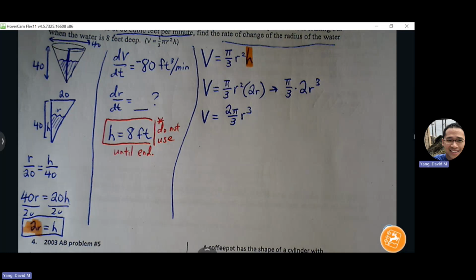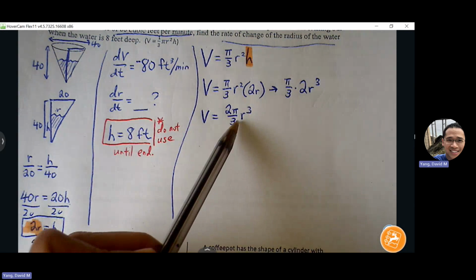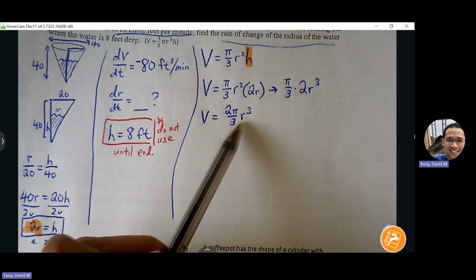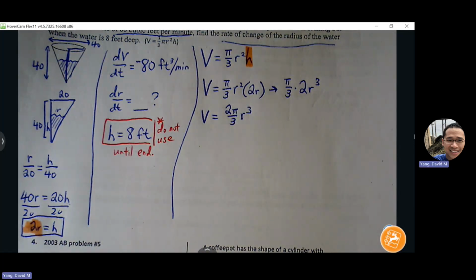Some students would put a 3 below the r. It's okay. It's just I don't want us to feel like we have to go through quotient rule or deal with a more complicated problem. It feels clean with a number in front of my variable, right? Okay, any questions here?